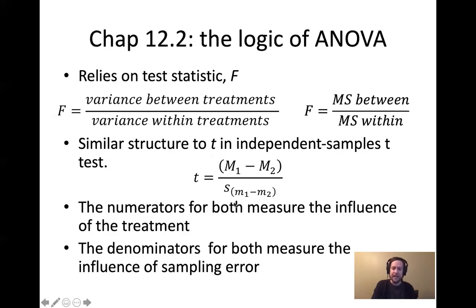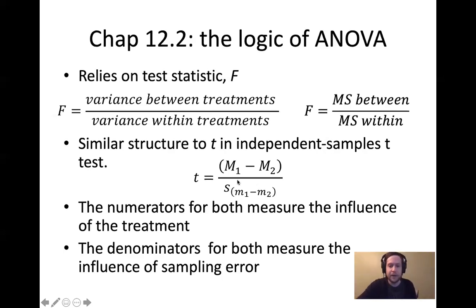Similarly, in T, the denominator was standard error. Standard error is kind of a complicated thing, but I'll remind you the basic formula for standard error is standard deviation, sample standard deviation for T, divided by the square root of n. So standard error is very much related to standard deviation, a measure of variability. Basically, the denominator is a measure of variability.